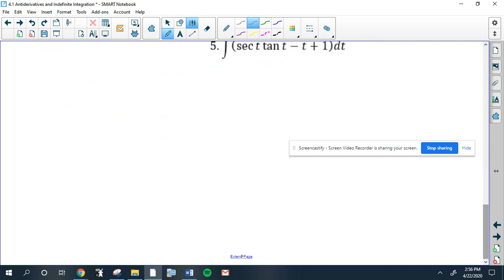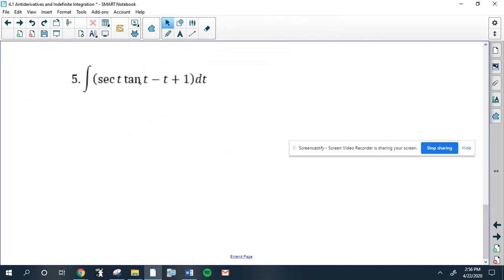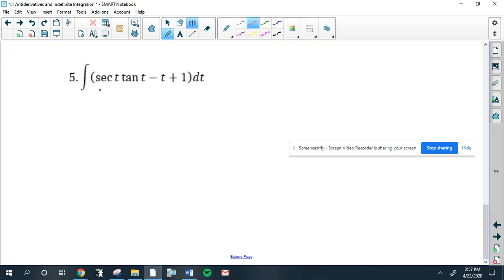Last example. The integral of secant tangent minus t plus 1 dt. Everything says with respect to t. All my variables are t, so here we go. The integral of secant tangent, according to our chart, is just secant t.